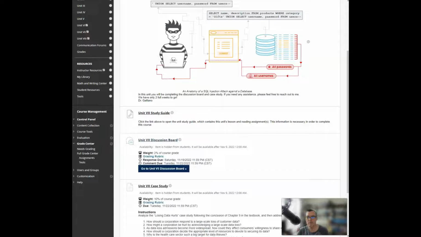And in Unit 7, we're focusing on analyzing access controls, evaluating the use of auditing tools, and explaining the importance of information systems. The content for Unit 7 is focused on Chapters 8 and 9, Application Security and Data Protection.